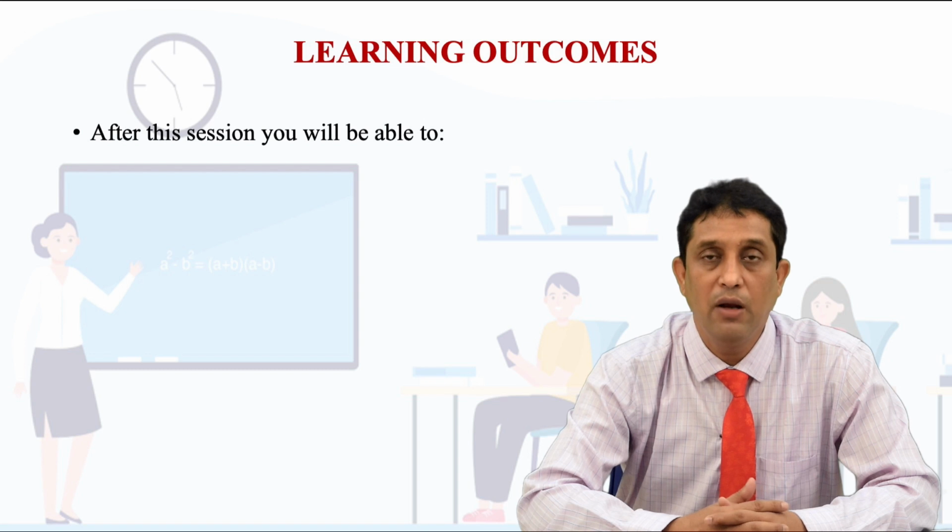Friends, let us go forward to know about the learning outcomes. That means after going through this video lesson, what are the different learning outcomes you are supposed to achieve.